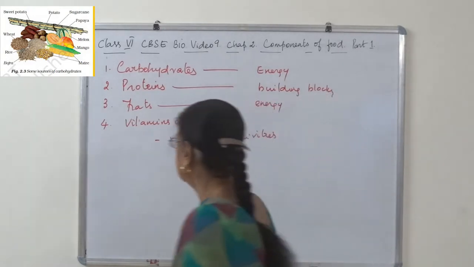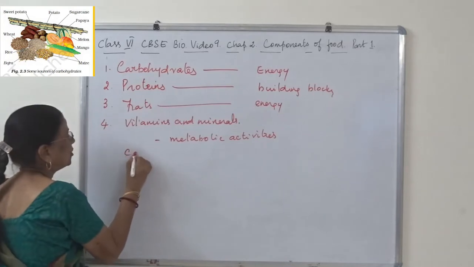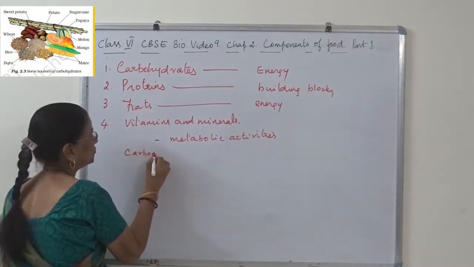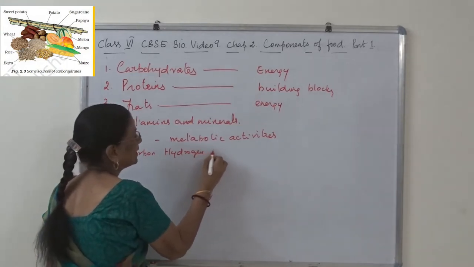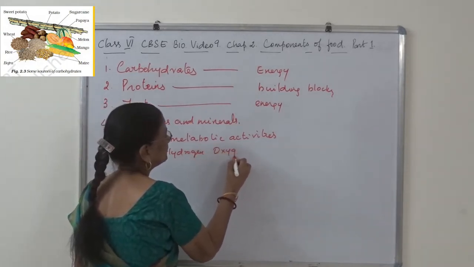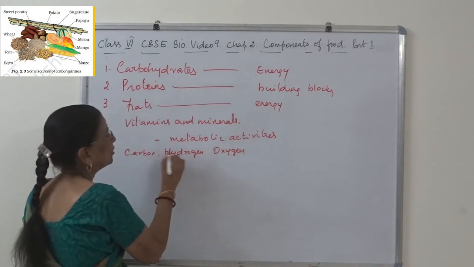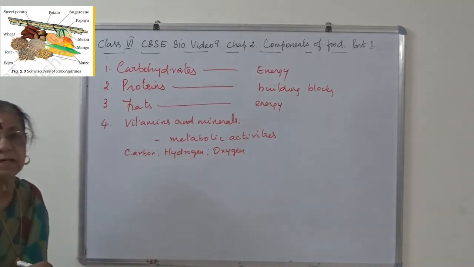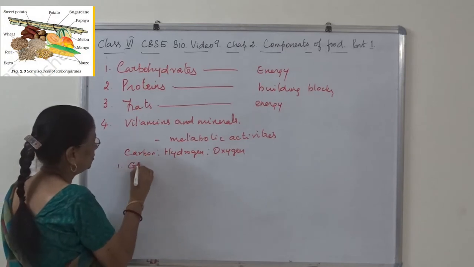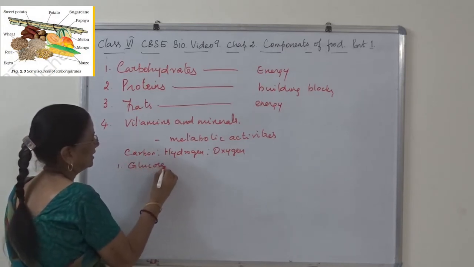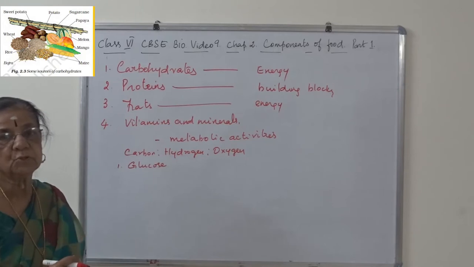Now, this carbohydrate, it is formed of the combination of carbon, hydrogen and oxygen. And it is in the form of glucose.